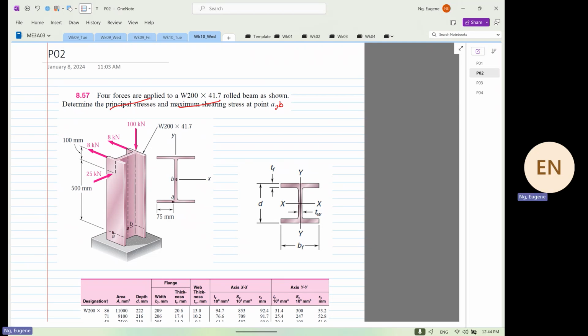Okay, and we are going to construct the stresses associated with each element. So at the end of the day, what we are trying to do, can you all see the elements?